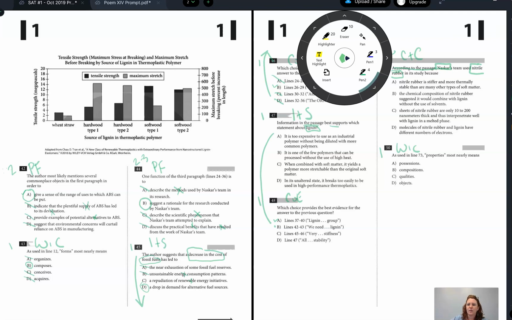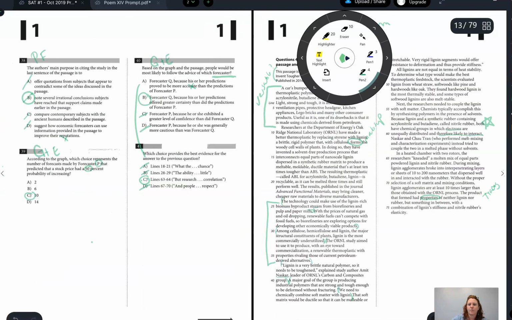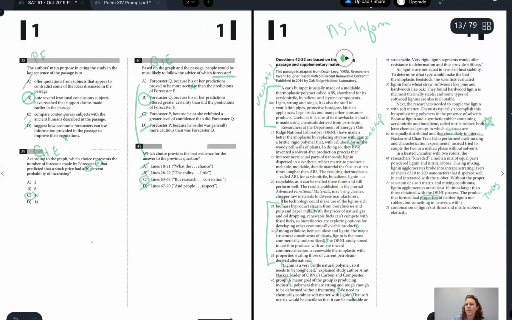C, 45 through 46. All right, very rigid lignin segments would offer resistance to deformation and thus provide stiffness.